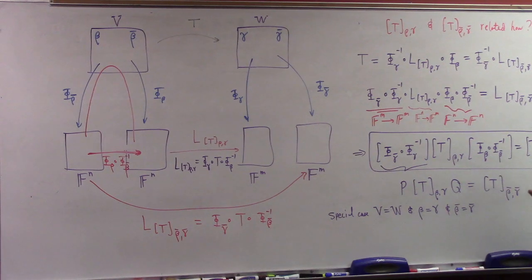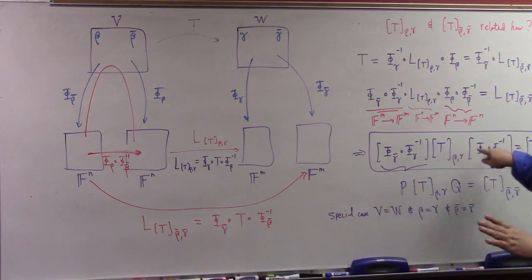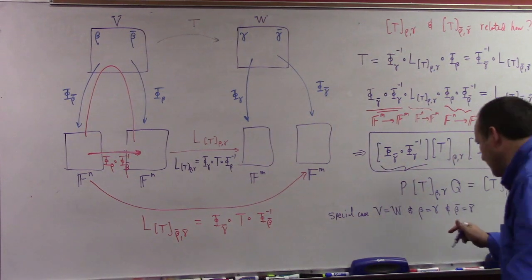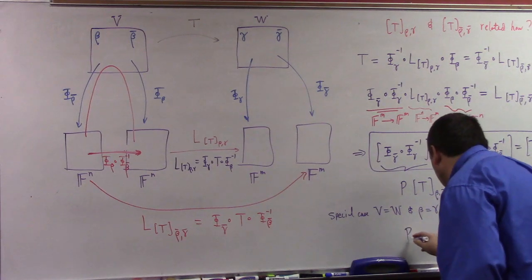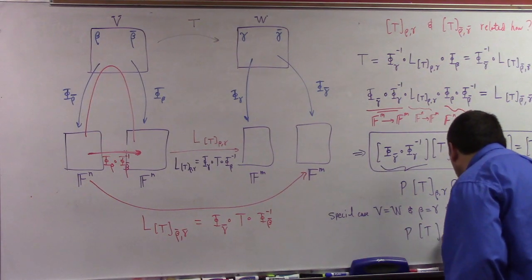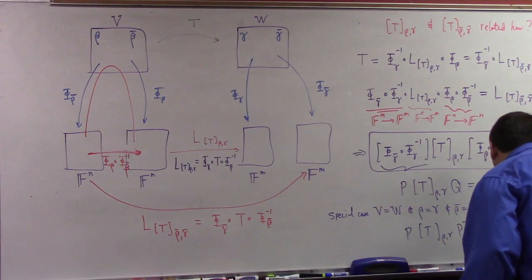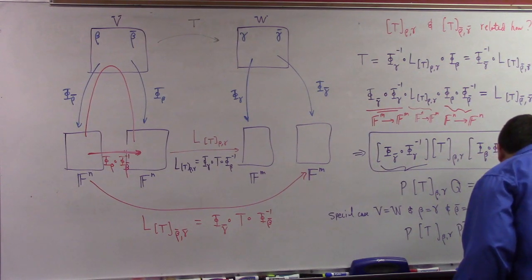Generally speaking, they don't have to be inverses of another, because this can be a 4 by 4 matrix, this can be a 3 by 3 matrix. So in this case, you get the formula P T beta gamma P inverse equals T beta bar gamma bar.